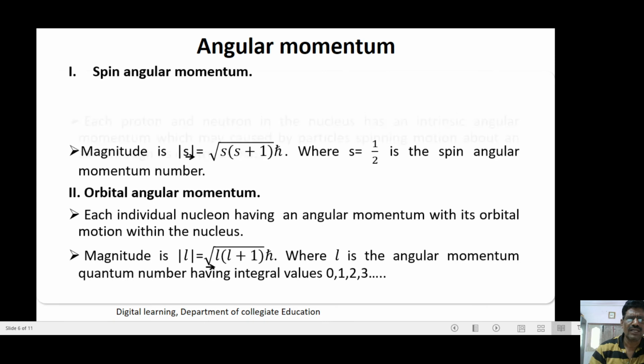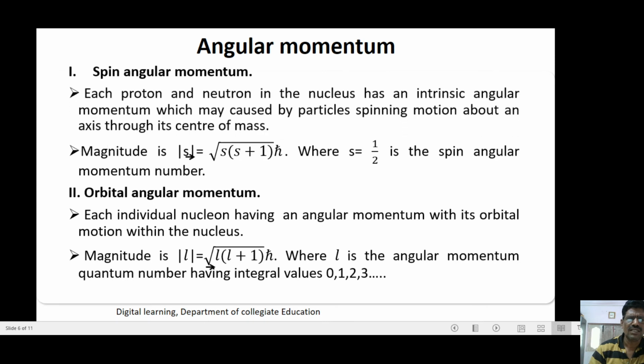Spin angular momentum: each proton and neutron in the nucleus has an intrinsic angular momentum which may be caused by particle spinning motion about an axis through its center of mass. The magnitude of spin angular momentum equals root of S into S plus 1 h cross, where S is equal to half is the spin angular momentum number.